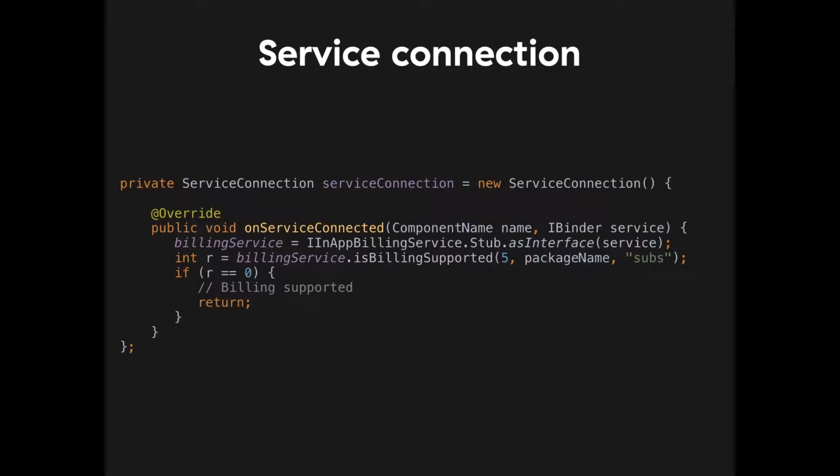So this is the predefined string for the subscription item type. And you may notice that if you are using subscriptions, it is a good thing to use API version 5. Although in the current documentation they are only mentioning version 3, and at some strange points they are referencing version 5.